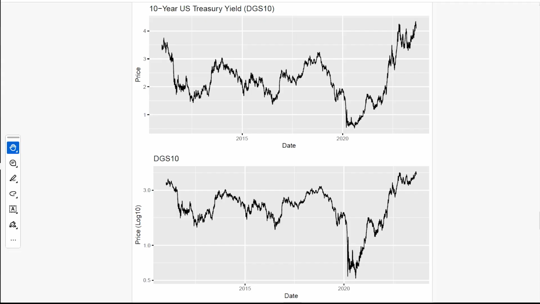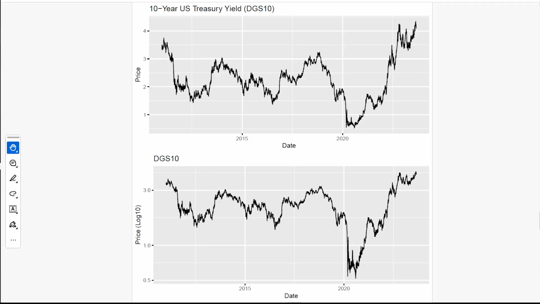And so you can see it started above 3%, dropped down to less than 1% following the COVID crisis, and then was rising ever since.